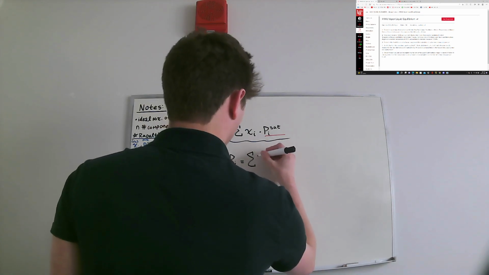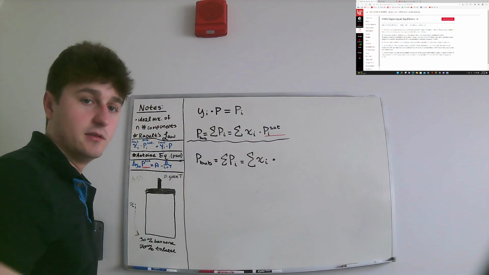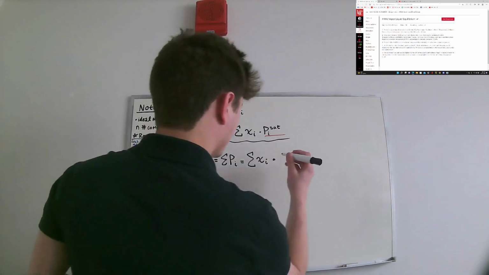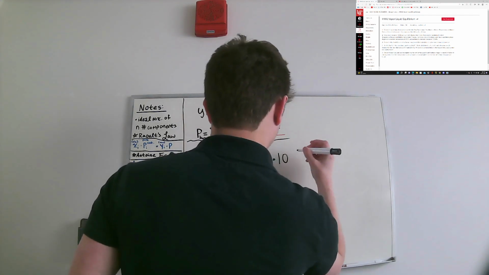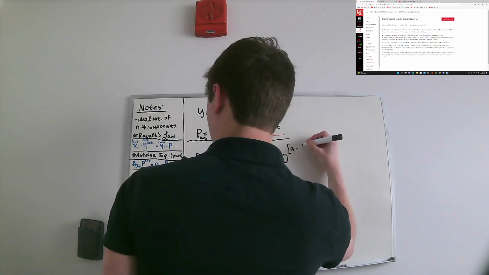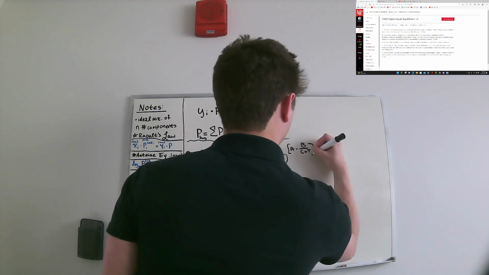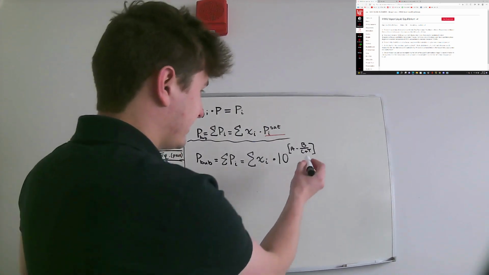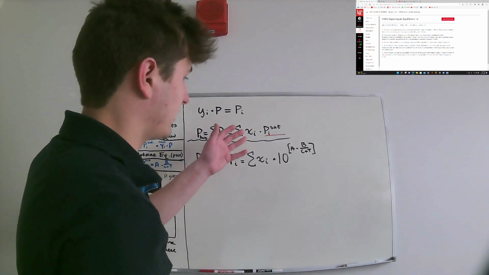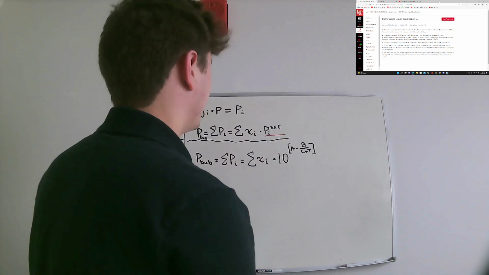So we again have our liquid mole fraction multiplied by, once we substitute that in, I believe, 10 raised to the A minus B over C plus T. So now what we're going to have to solve for is this T right here. Up here we're solving for that bubble pressure, which we can figure out very easily because these are knowns, and if they're not knowns, we can figure them out pretty easily.